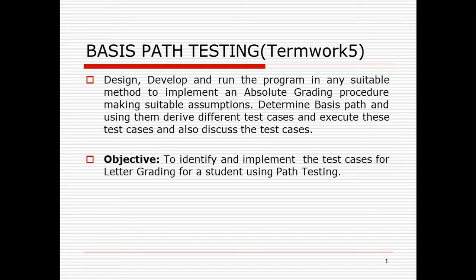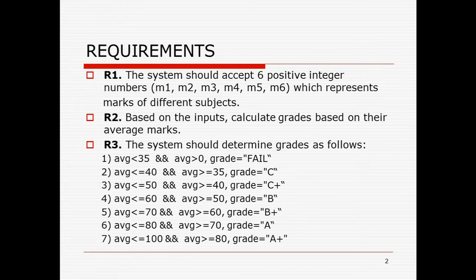category of students, depending on the marks that are assigned for 6 subjects, different grades will be given to the students. Okay, and depending on the average marks, we'll identify whether the student has failed or whether the student has got C grade, B grade, etc. So this is the requirement for the problem, that is the grading system, and there are 6 marks as you can see here.